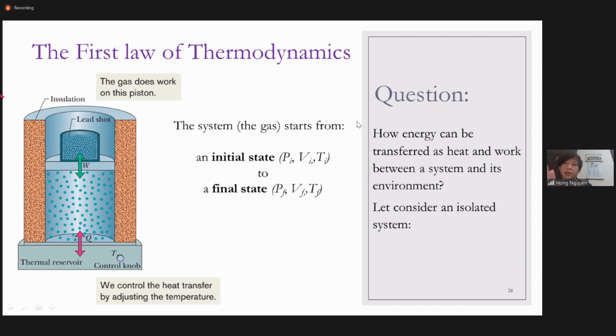Here, our system, actually the gas, the initial state of the gas is defined by Pi, Vi, and Ti. We change the system to the final state, then we have Pf, Vf, and Tf.